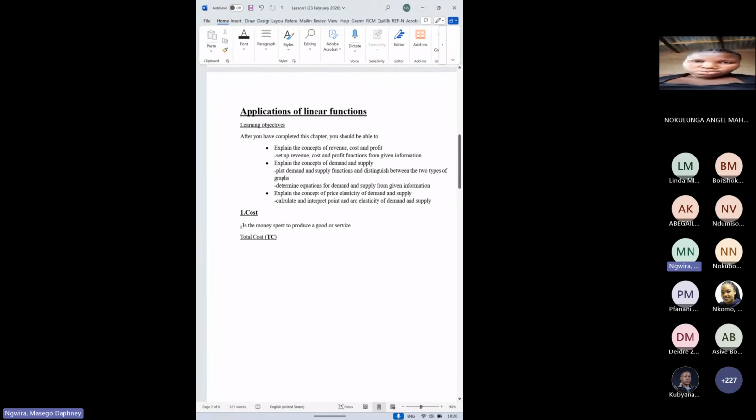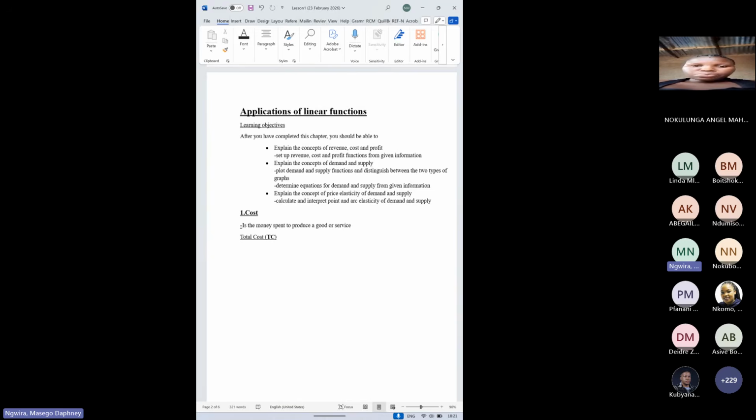Yes. Okay, now we can start with our chapter 2. So we're doing application of linear functions. Then we have learning objectives. At the end of this chapter, you must be able to explain the concept of revenue, cost, and profit. And then you must be able to set up revenue, cost, and profit functions from given information.